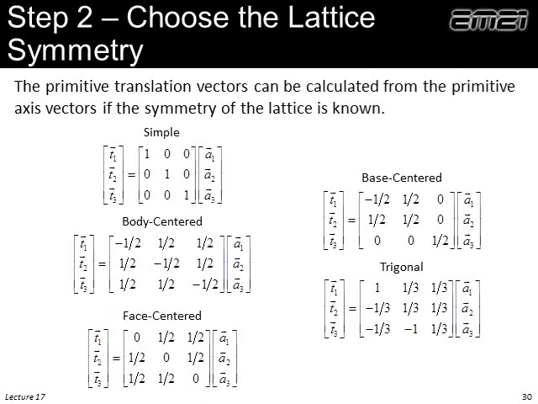So now we would have the 3 translation vectors of the lattice that we want, and the translation vectors uniquely describe all 14 Bravais lattices. If you're smart enough, maybe you could just start here with the translation vectors. I like to start with the axis vectors because it's more intuitive with the size and shape of the unit cell, and then do this quick step to get to the translation vectors.